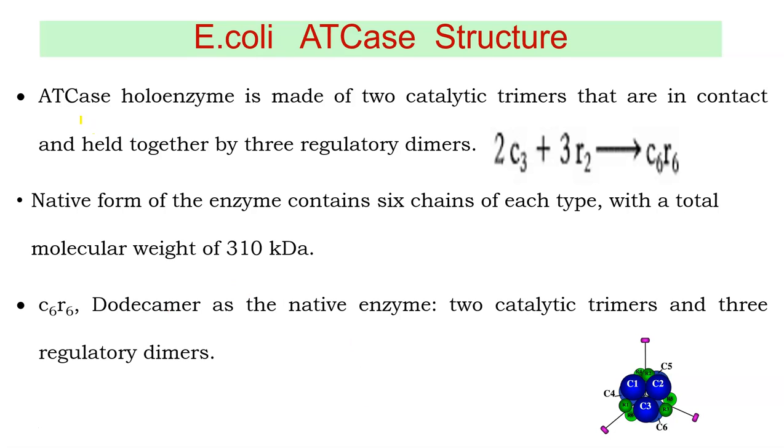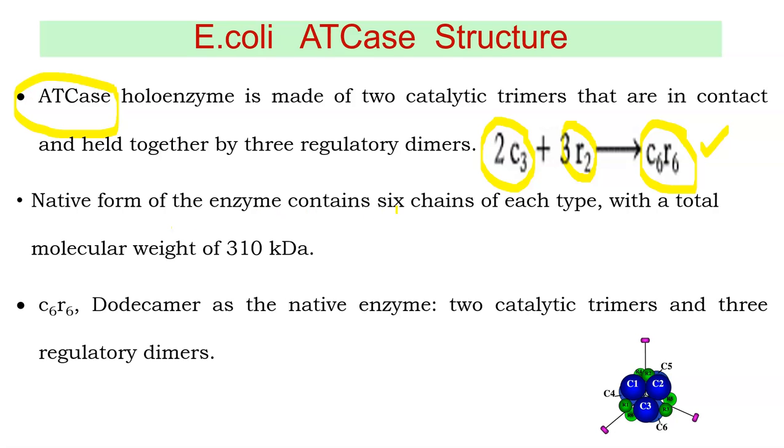Yes. The ATCase holoenzyme, that means the whole native enzyme, is made of 2 catalytic homotrimers and 3 regulatory dimers, making it a holoenzyme. This holoenzyme is a dodecamer. Dodecamer means it contains a total of 12 subunits.